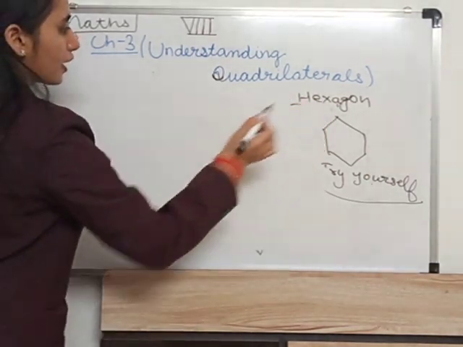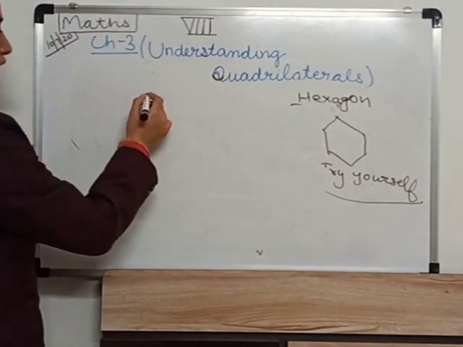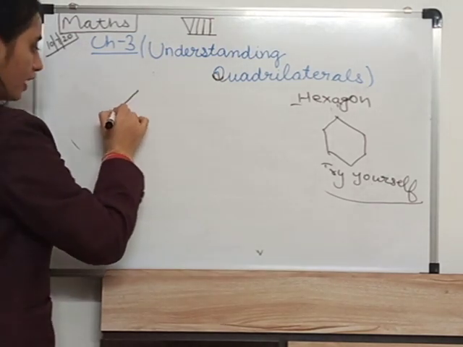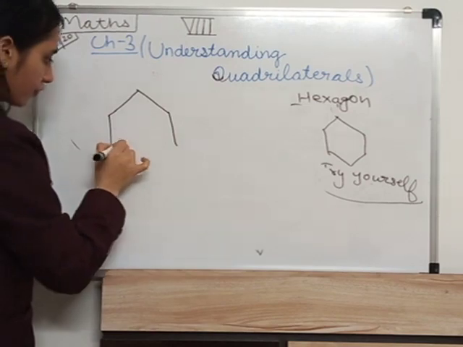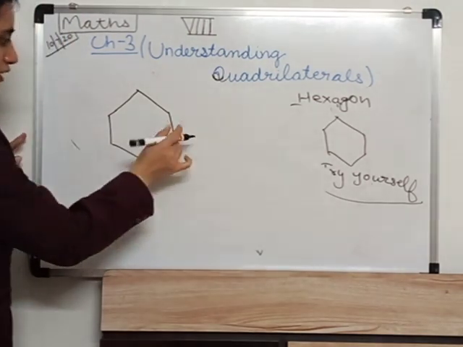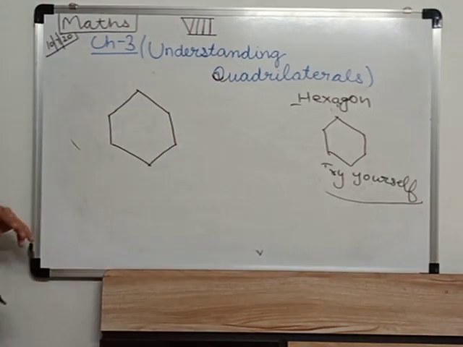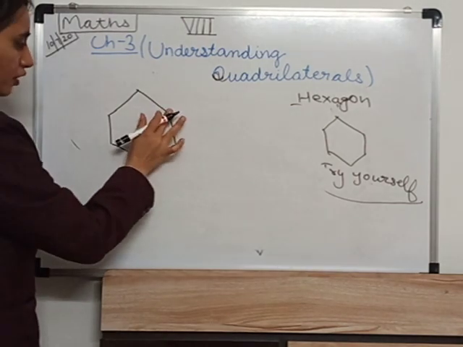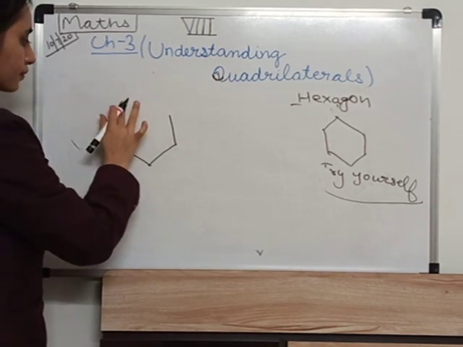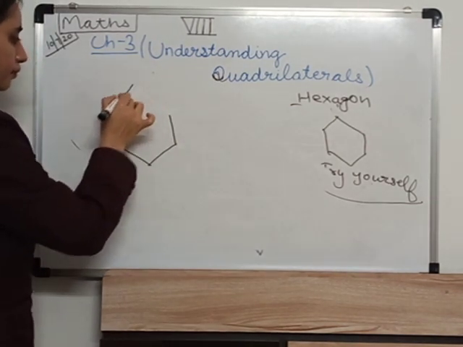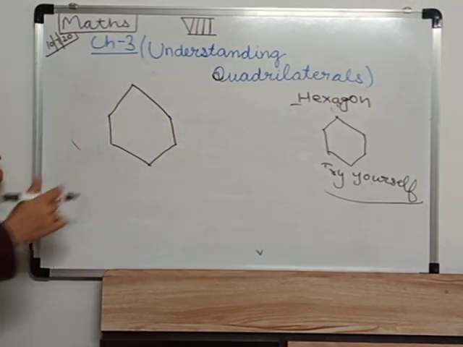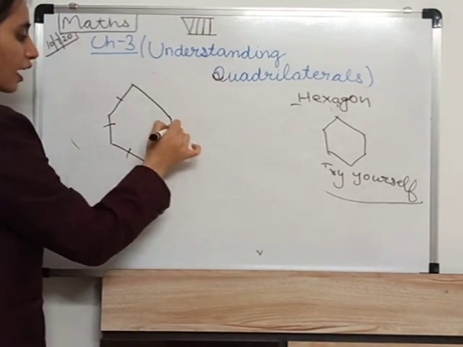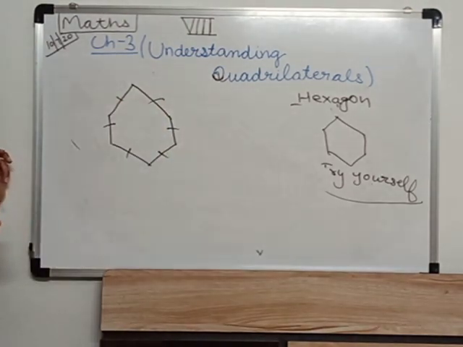See the shape of hexagon: 1, 2, 3, 4, 5, 6. In this, almost all the sides are equal because we drew a rough sketch. All the sides are equal, so this is called a regular hexagon.